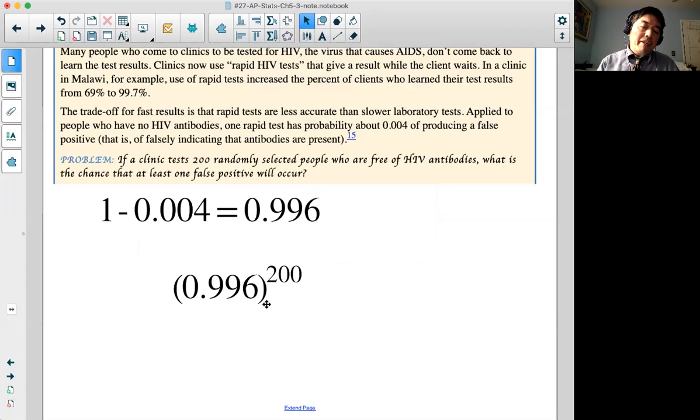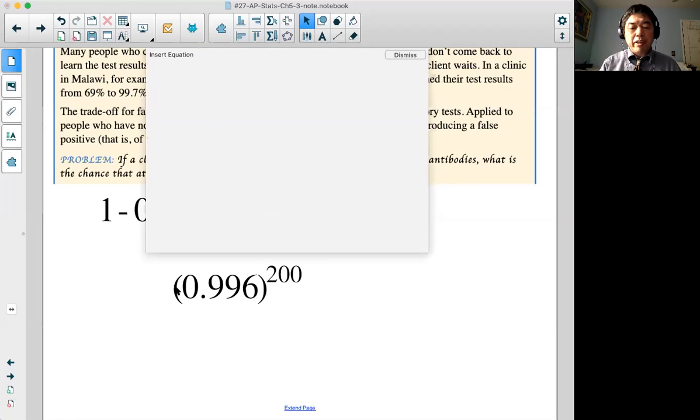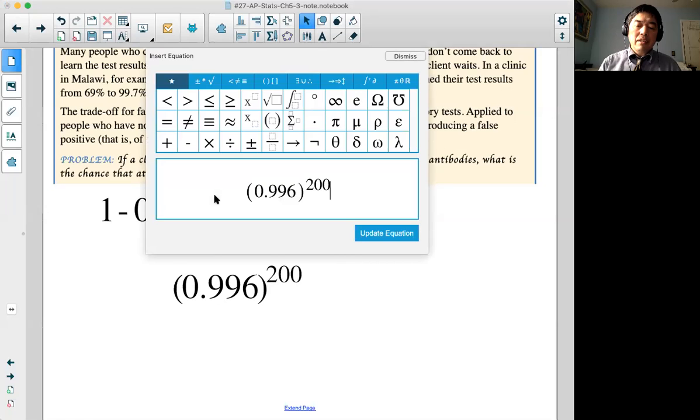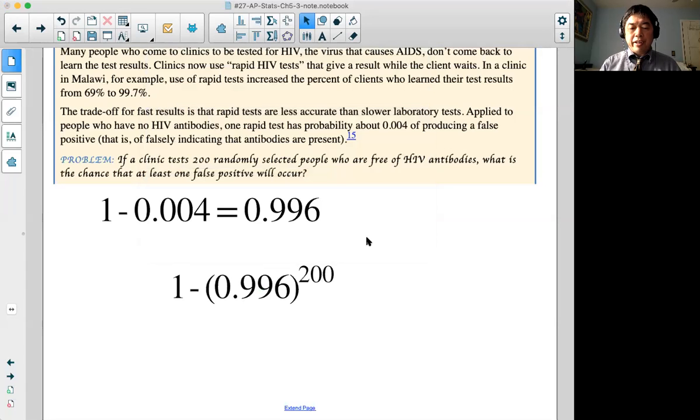What is the complement of this success rate? That's the failure rate, right? So the complement is 100%, the whole, minus the success rate. That's the failure rate.